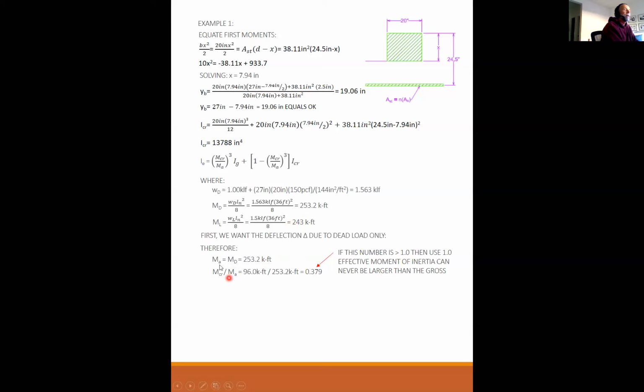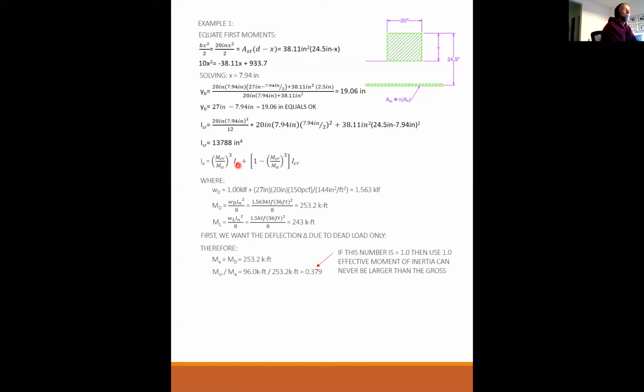If your MA is actually less than M cracked, that means the beam hasn't cracked yet. But if MA is less than M cracked and you divide them, this number is going to be bigger than 1. Don't take a number bigger than 1 and plug it into this equation. You're going to get a moment of inertia bigger than the gross moment of inertia, which is impossible.